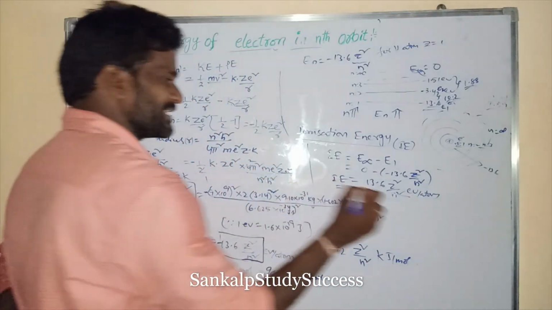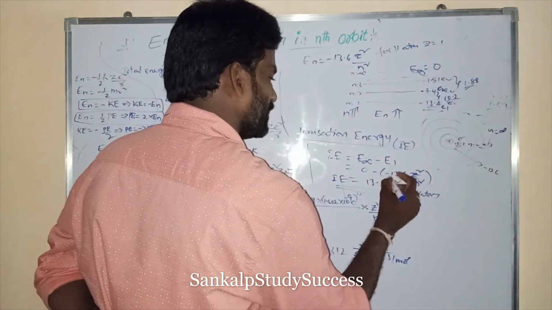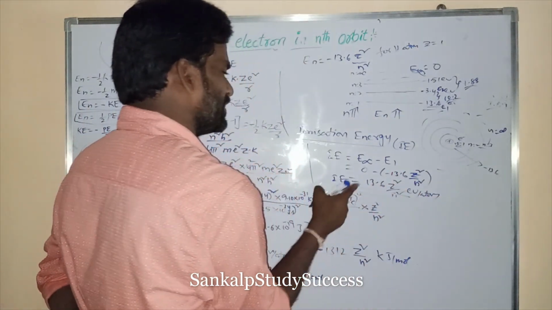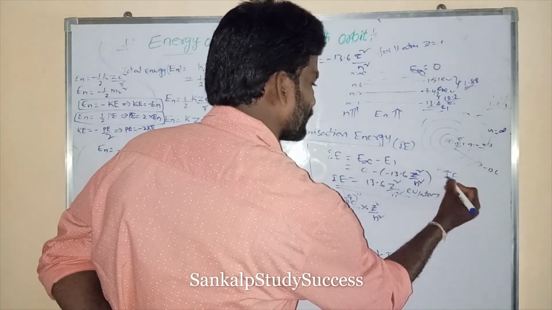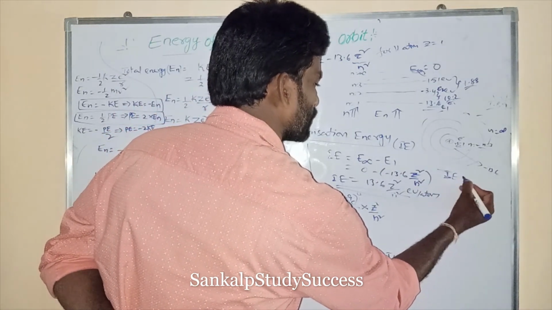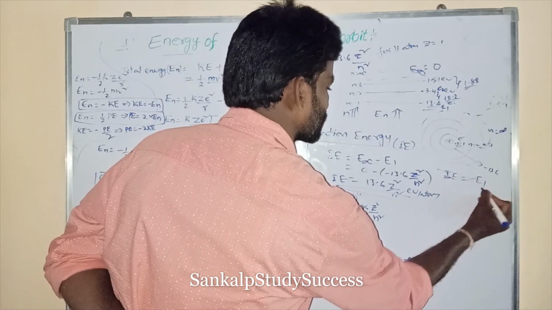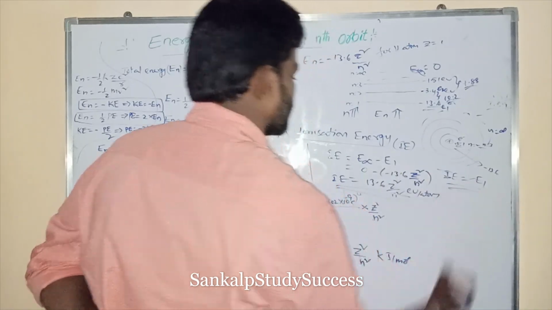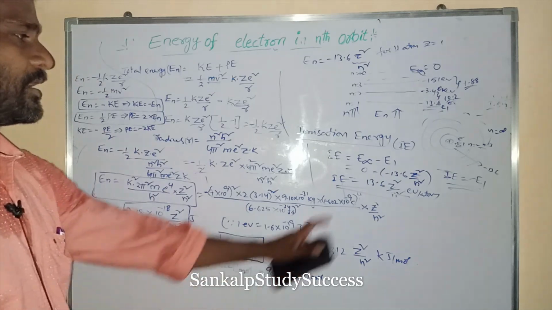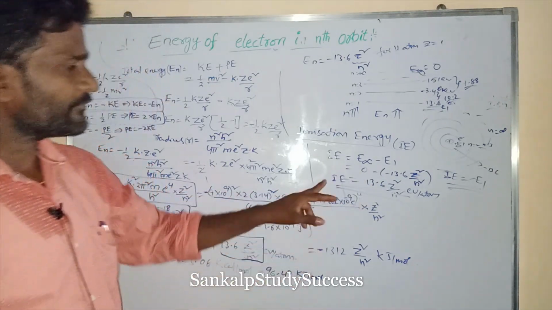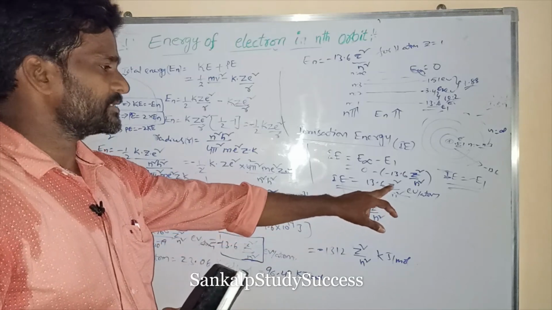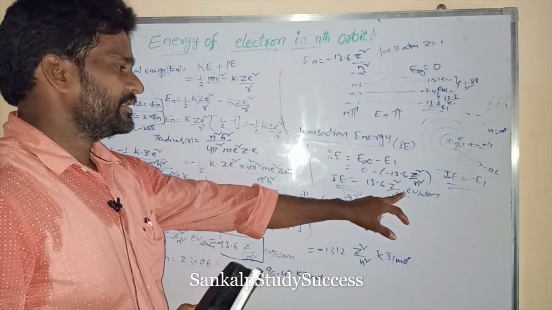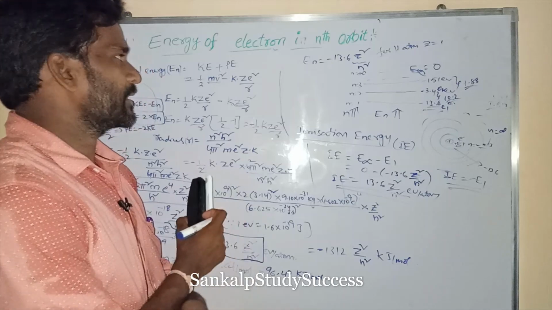IE is equal to minus E1, right. This is the formula of ionization energy: IE is equal to 13.6 into Z square by n square electron volt per atom.